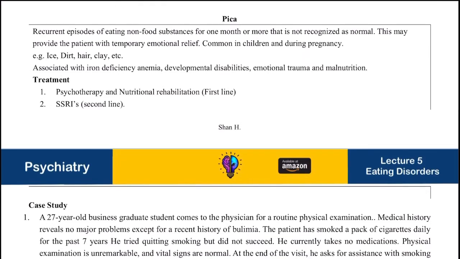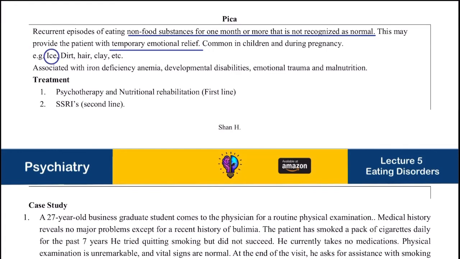This is when you eat non-food substances for 1 month or more that is not recognized as normal. This helps them feel emotional relief. This is seen in children and during pregnancy. The most commonly eaten substance is ice.